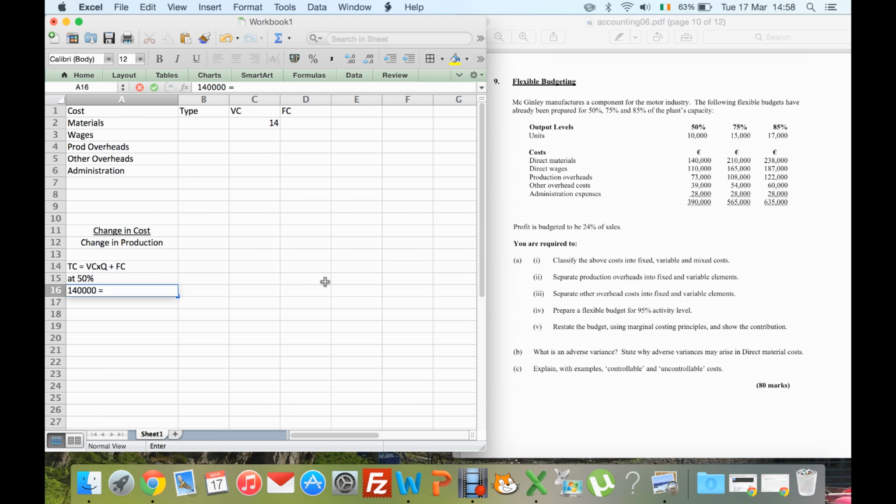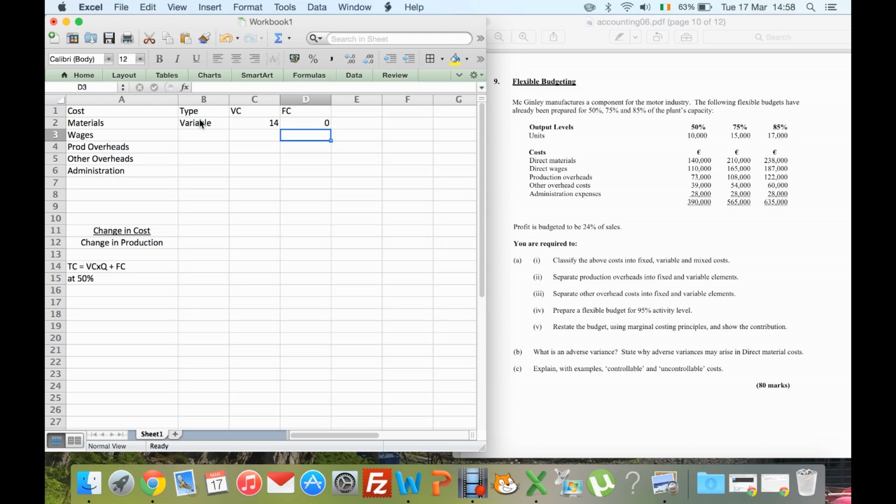Does that equal the variable cost, which we have above as 14, so 14 times the quantity, which is 10,000, plus the fixed costs? 14 by that is 140,000. That equals that, which means fixed cost must be 0. So that means it's a fully variable cost. Okay, so this is variable, and that means there's 0 fixed costs.